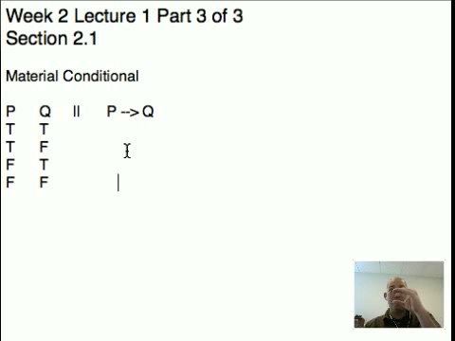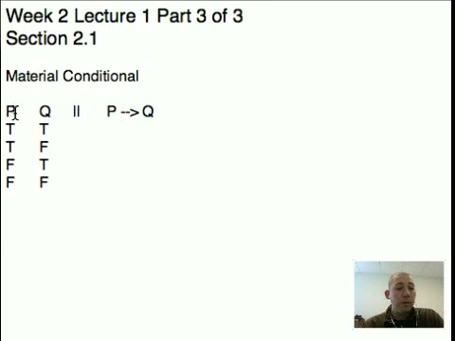But here I'm just going to do an arrow, but this is the same thing as what the textbook has in terms of what the symbol is supposed to mean. Okay, so here's how we're going to define the material conditional.